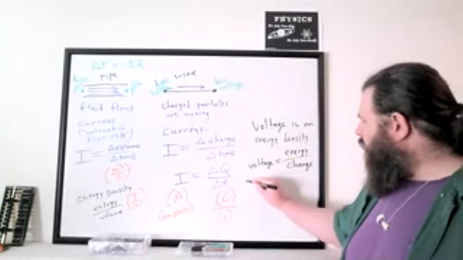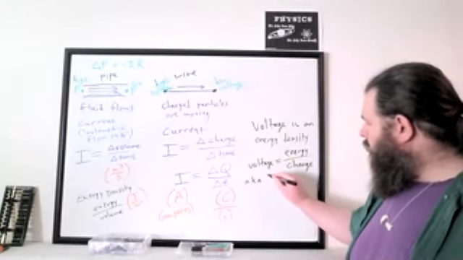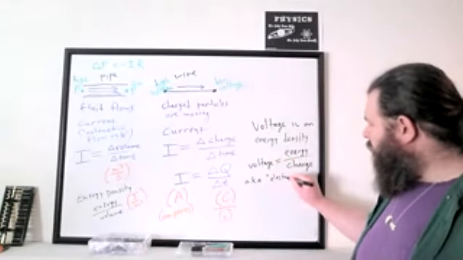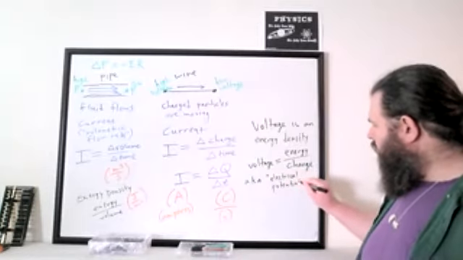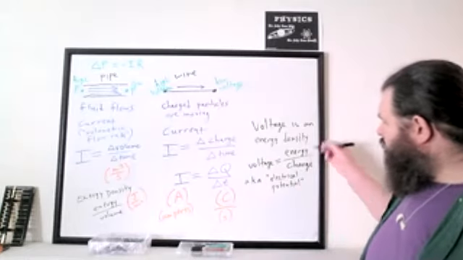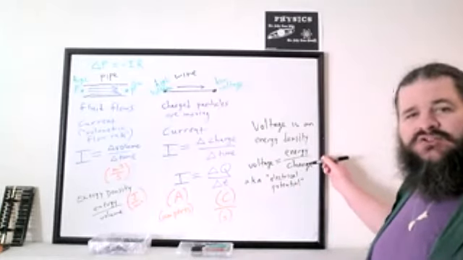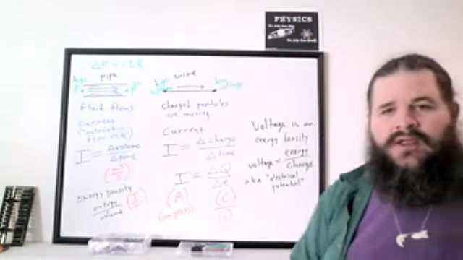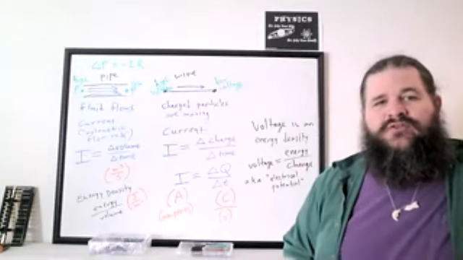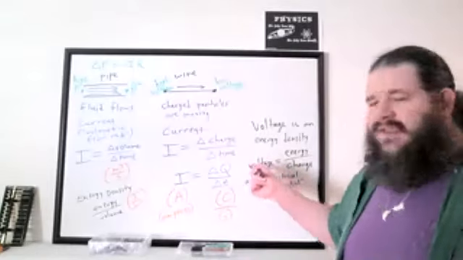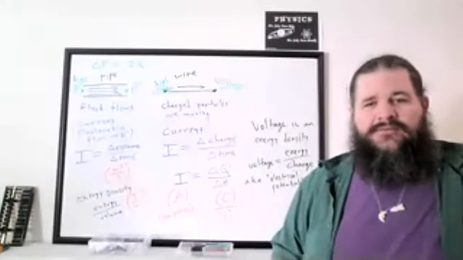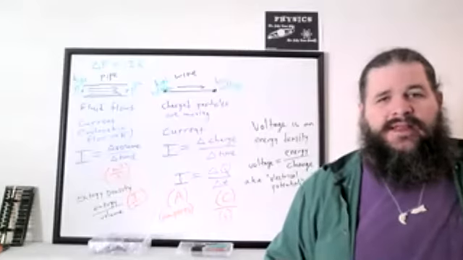It's also sometimes called electrical potential. And note that's not potential energy. Potential energy would be just energy. Energy per unit of charge is called electrical potential, and that's essentially just the formal term for voltage. We also nickname it voltage because we measure it in volts.